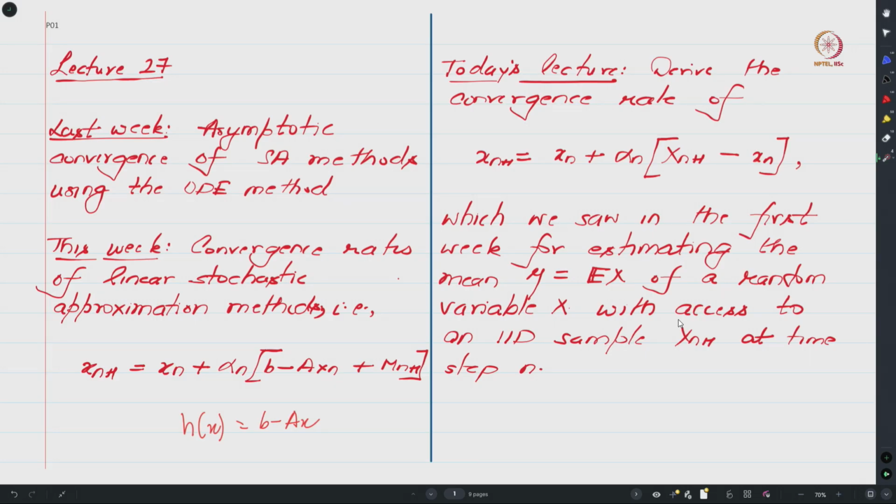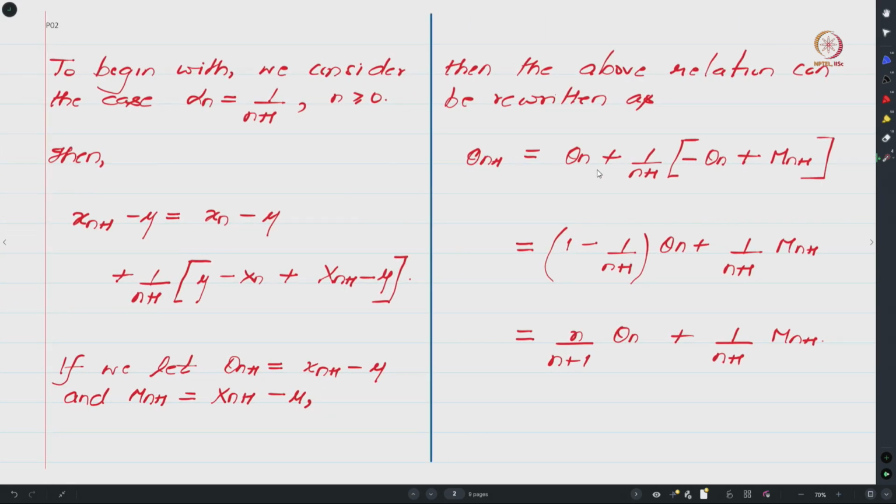That is, at time step 0 we have access to X_1, at time step 1 we have access to X_2, and so on. And we had discussed an algorithm of the following form to estimate the mean of the random variable X. And now for this simple algorithm we will discuss how the choice of step size actually affects its convergence rate.